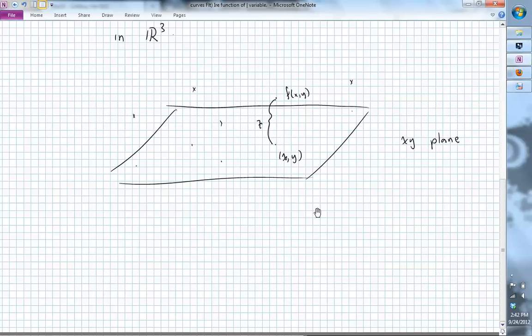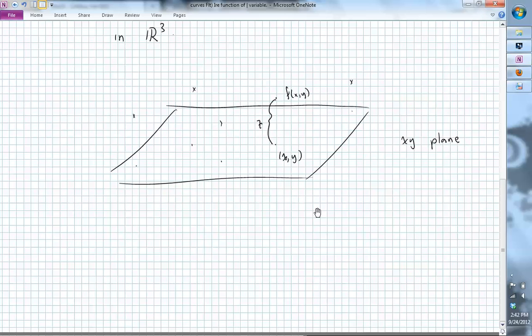Okay, what we're interested in is how understanding this geometry and knowing a little bit of calculus, what can we do with this? Well, it turns out we can do quite a lot. We can maximize and minimize these functions, just like we maximize and minimize functions of a single variable. You can get a notion of concavity, right?